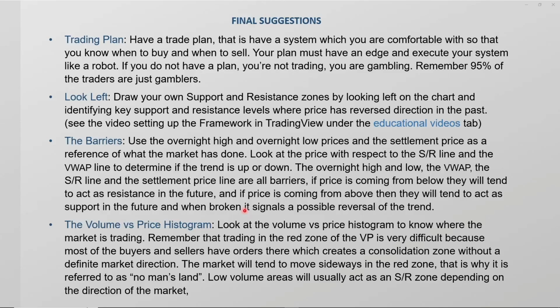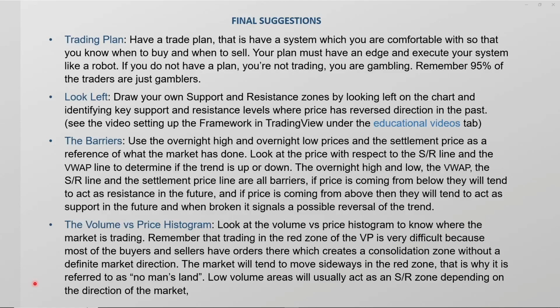The volume versus price histogram. Look at the volume versus price histogram to know where the market is trading. Remember that trading in the red zone of the VP is very difficult because most of the buyers and sellers have orders there, which creates a consolidation zone without a definite market direction.